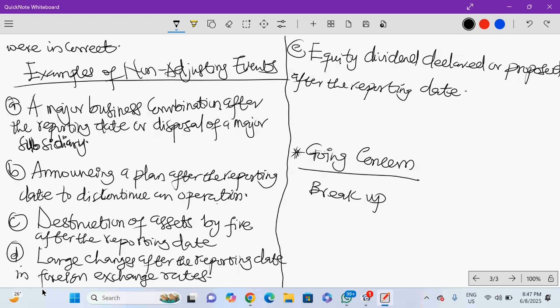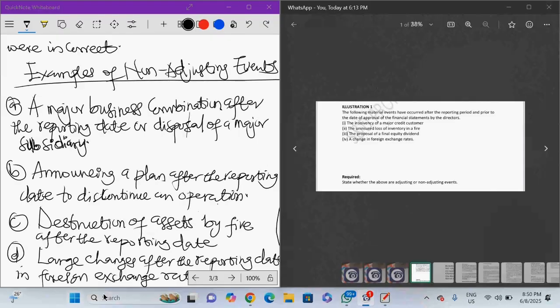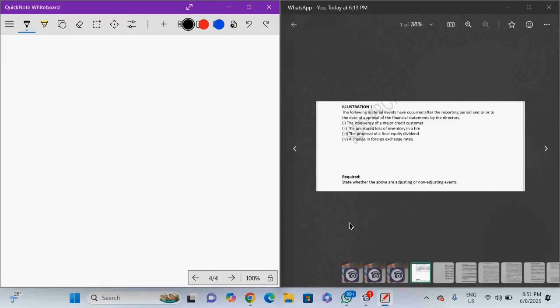So without wasting more time, I think I posted some questions in the group, so let's look at this. Question 1. The following material events have occurred after the reporting period and prior to the date of approval of the financial statements by the directors. I. The insolvency of a major credit customer.